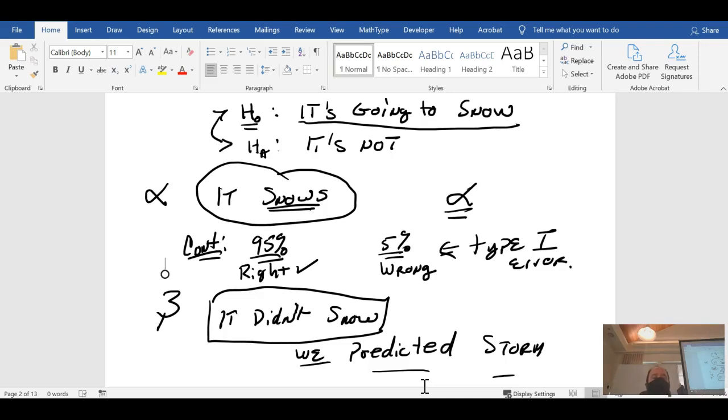If you think about something like the vaccine trials, right? The big issue is side effects. Right? So if they're looking at a particular side effect, the null hypothesis would be that you don't get the side effect, right?